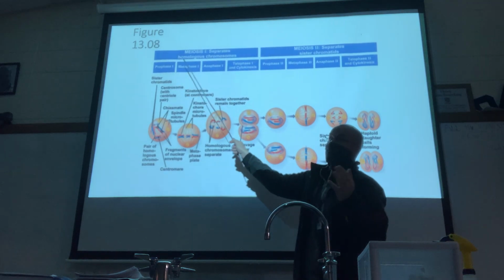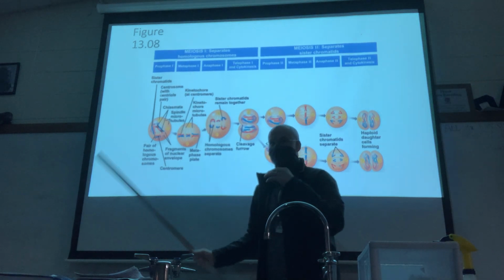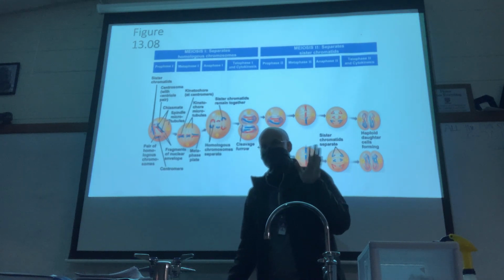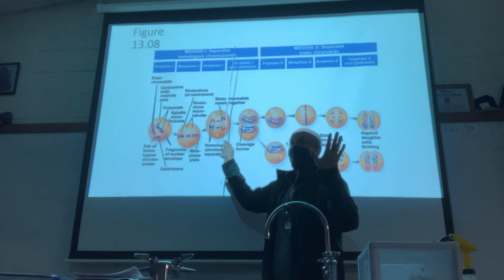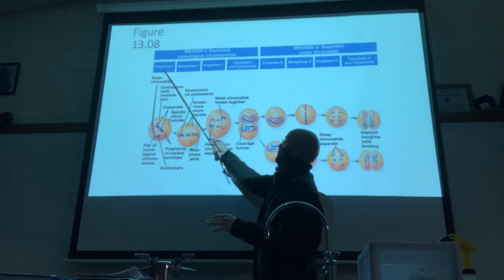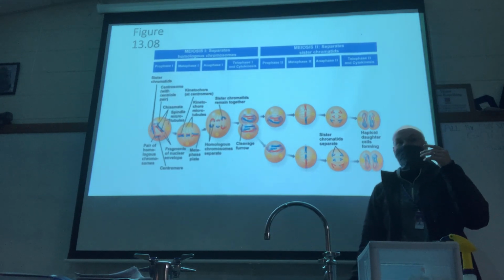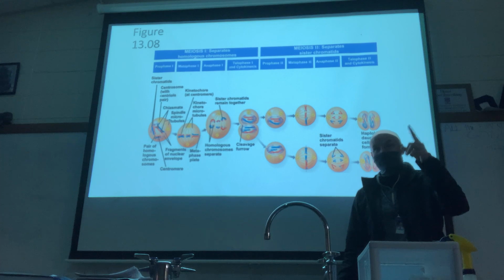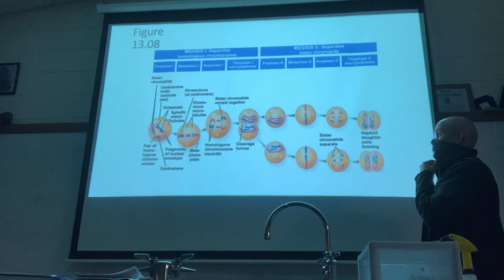And each time you go through one of these rounds of meiosis, and I apologize if sometimes I say mitosis by accident, it's just a habit, you have a prophase, metaphase, anaphase, and a telophase. Except we call them prophase 1, metaphase 1, anaphase 1, telophase 1, and prophase 2, metaphase 2, anaphase 2, telophase 2.